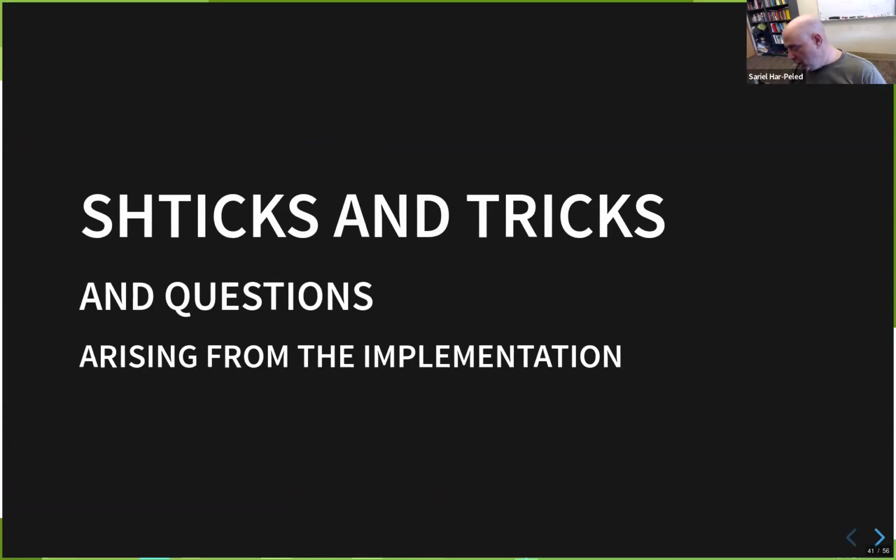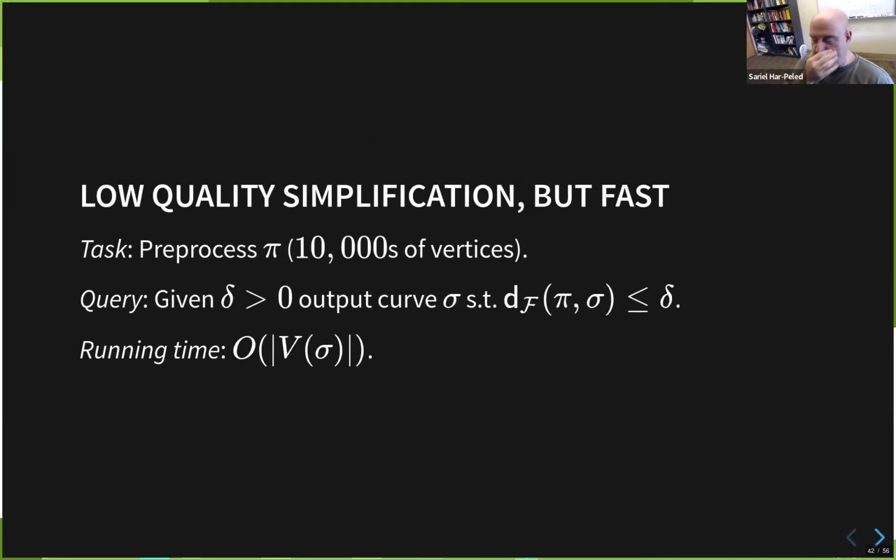Okay, let me check the time. Okay, so let me tell you about some questions and tricks that arise from the implementation. One issue that is kind of interesting is that we wanted to have a simplification algorithm that is very fast.